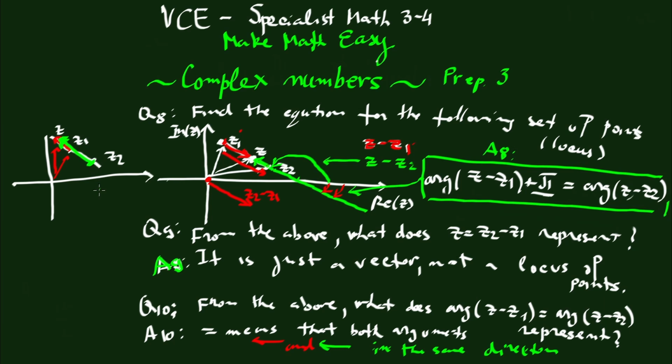So you have both vectors in the same direction. So what that means is that z, in this case, is a locus of points on this line. It's a ray there.